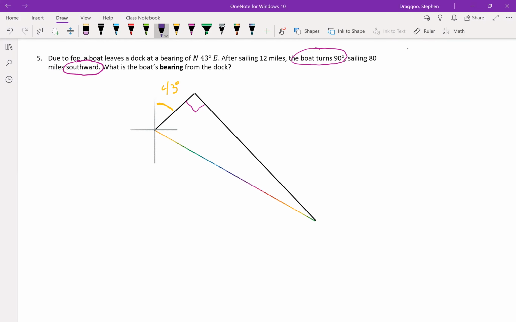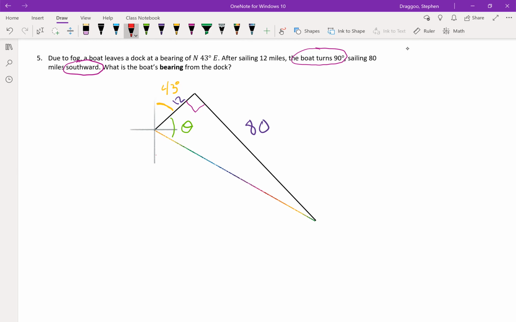So the other pieces that aren't on here yet are the distances. I know that this longer part of the trip was 80 miles. The shorter part of the trip up here is 12 miles. And we'll label a couple other unknown angles. I'll use green for theta again, being that interior angle of the triangle.